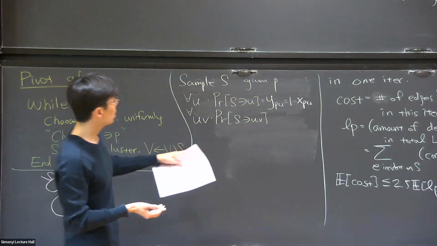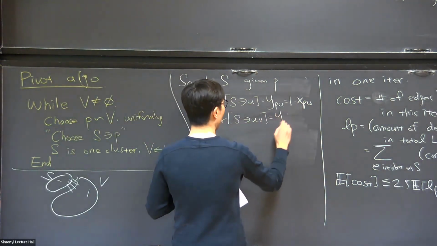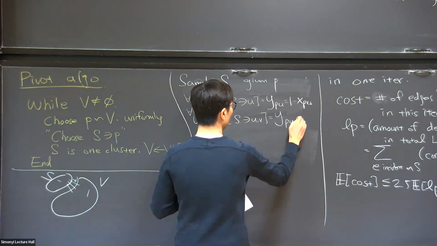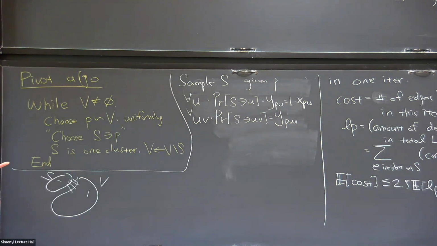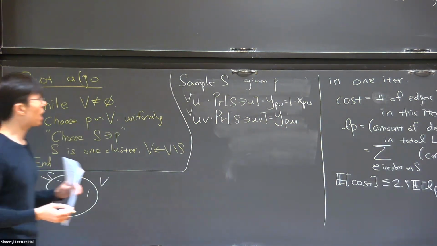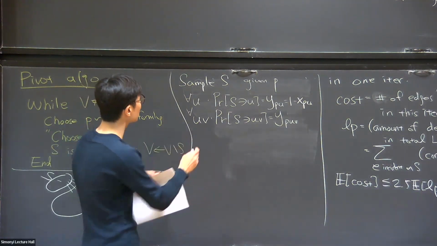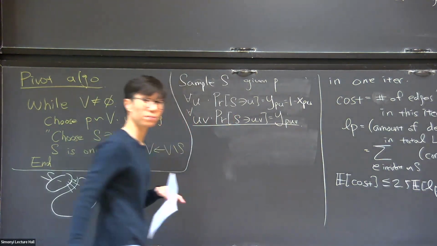What's the LP value? It's exactly Y_PUV, the probability that the LP thinks P, U, V are all together. So that's my requirement.